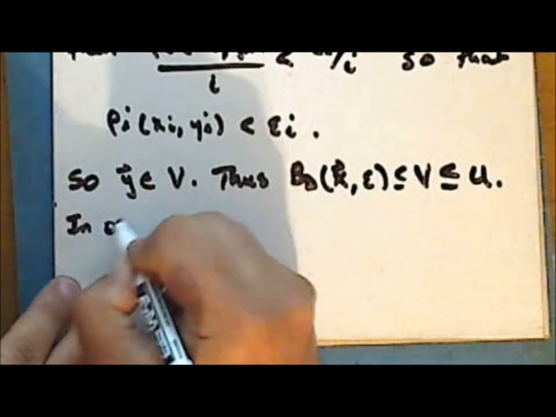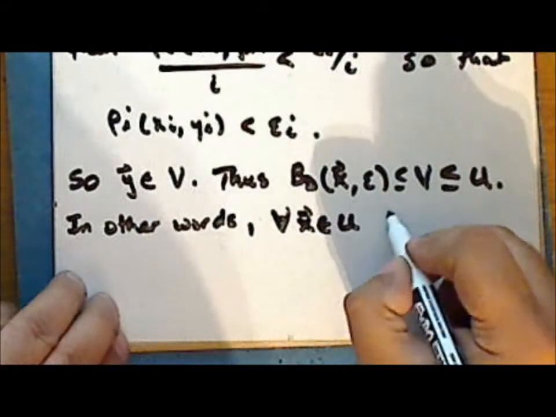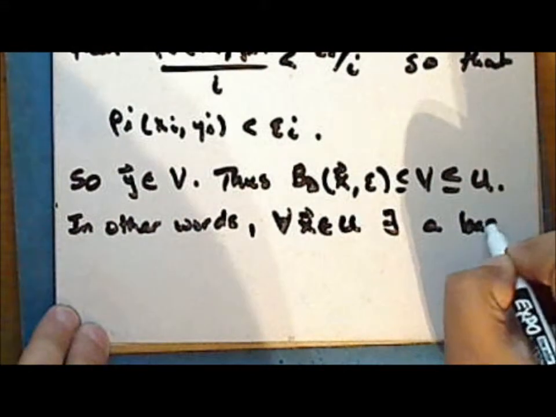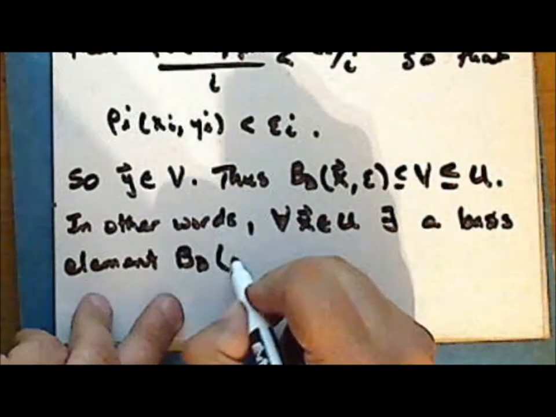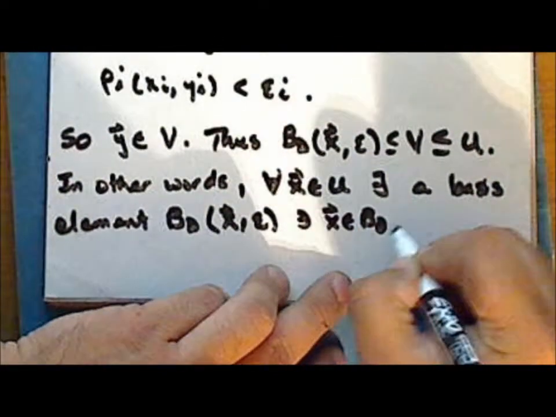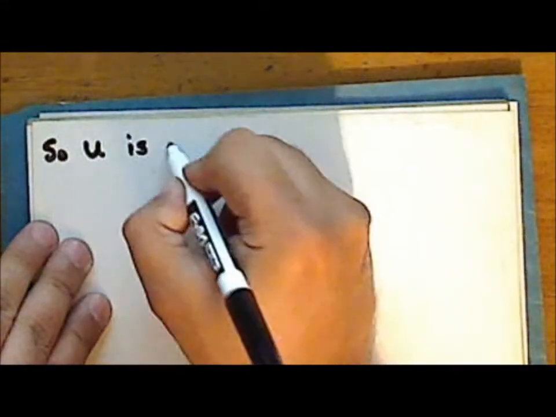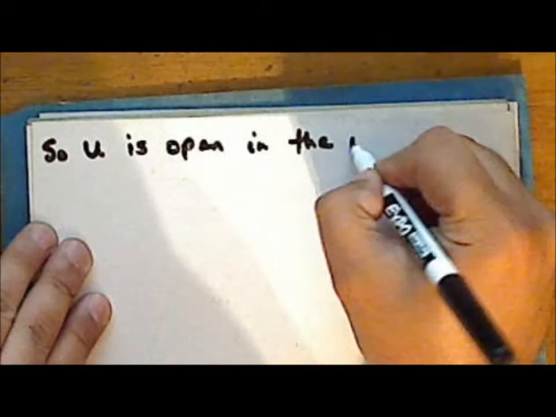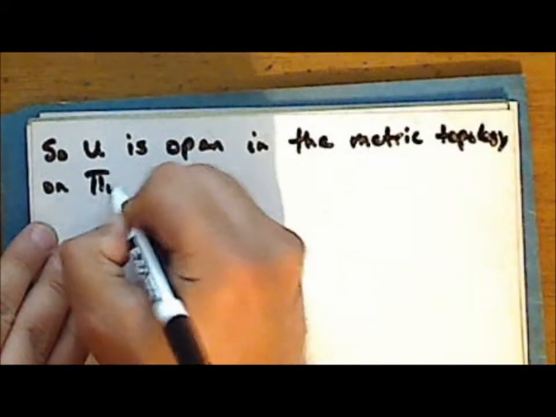So in other words, for every point X in the set U, there exists a basis element, which is the open ball under the metric D, big D, centered at X with radius epsilon, such that the point X is in this open ball, which is a subset of the set U. And so the set U is open in the metric topology on the countable product space.